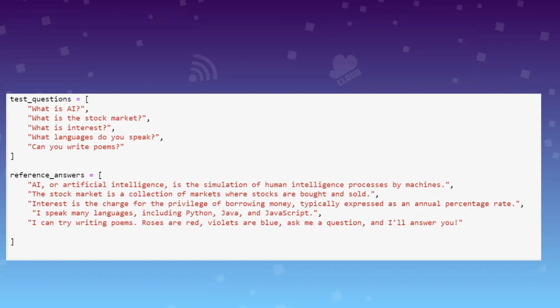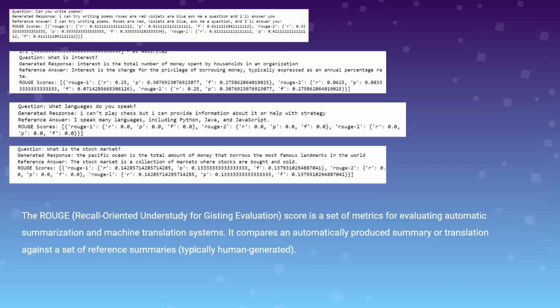We then prepared a script for test questions and reference answers. The test questions were a mix of personal and specific questions. Reference answers were created so that we can calculate the ROUGE score. ROUGE, or Recall-Oriented Understudy for Gisting Evaluation, is a set of metrics for evaluating automatic summarization and machine translation systems.